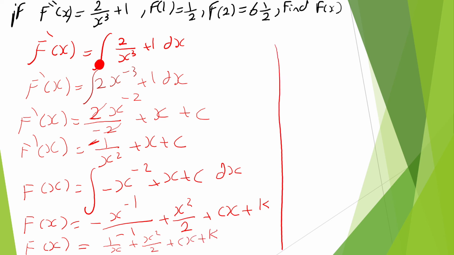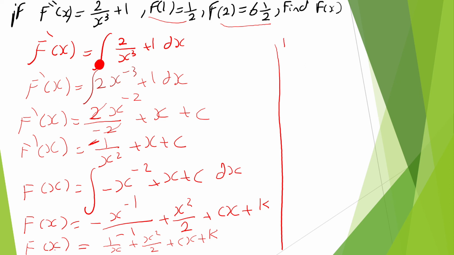Now we're going to use those two pieces of information to find the c and the k, because we have two unknowns, so we need to have two simultaneous equations to find two unknowns. So this one means we substitute 1 for x, and the answer is a half.